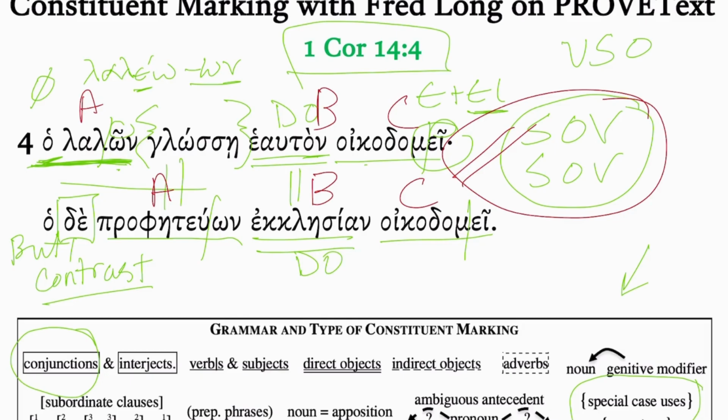And so what's happening here is that you have a contrast taking place of two different gift persons exercising their gifts, and the contrast is by way of the gift and who or whom benefits.